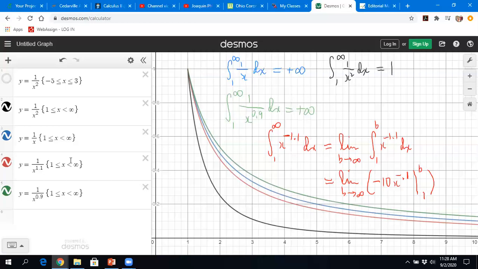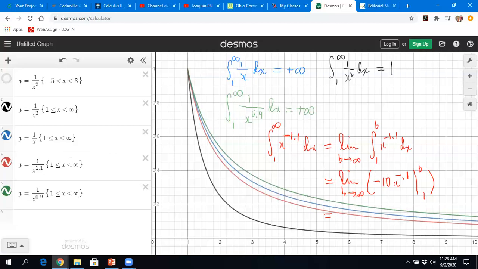So far, so good? If you take the derivative of that, the negative 0.1 comes down. That will become 1 because negative 0.1 times negative 10 is just 1. And it will be x to the negative 1.1. Okay? All right. So what is the deal going to be here? Well, I'm just going to write it right here.